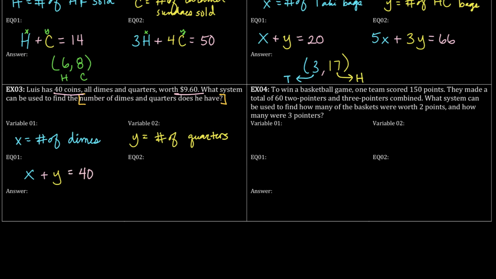And we also know that each dime is worth 10 cents, so 0.10x plus 25 cents times the number of quarters gives me $9.60.